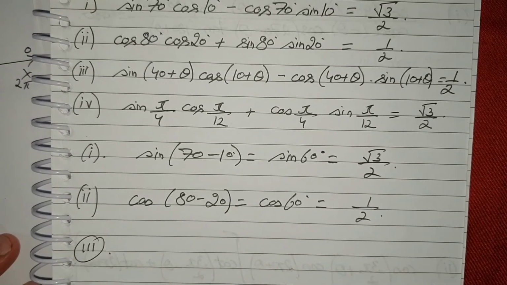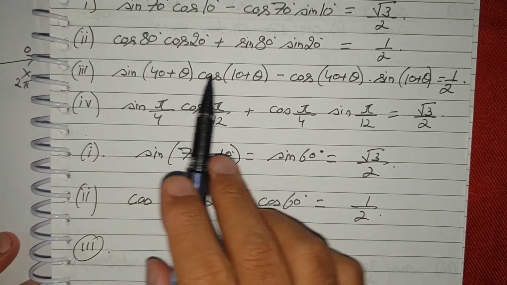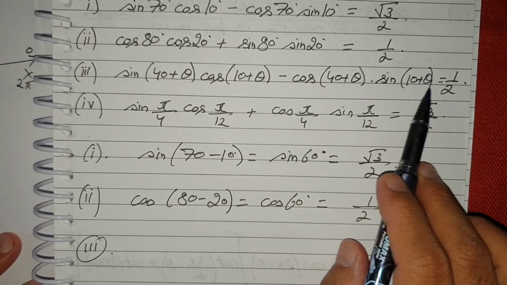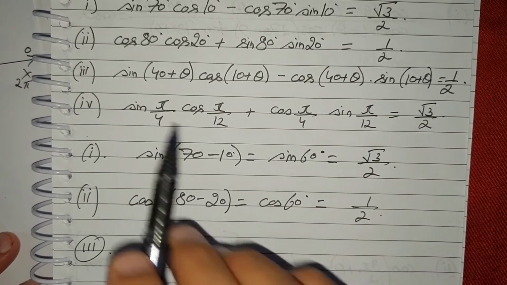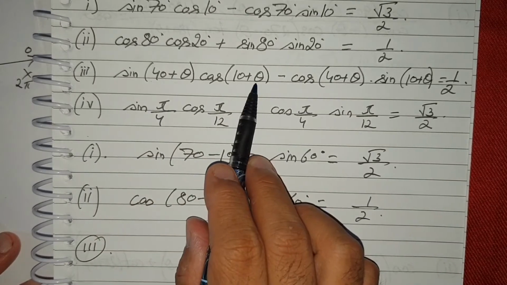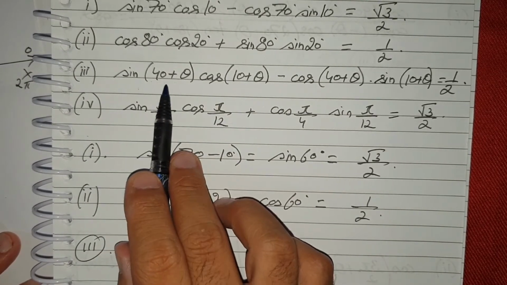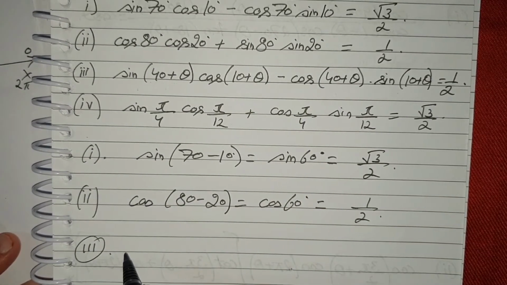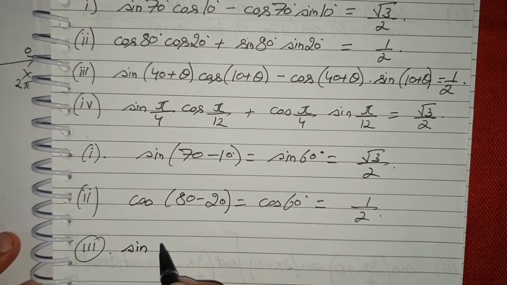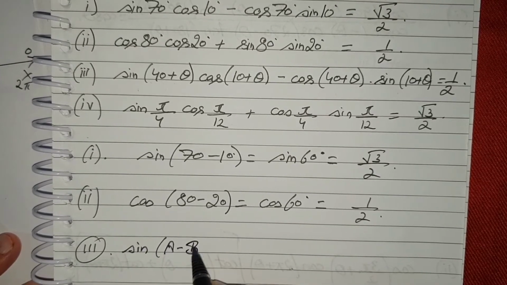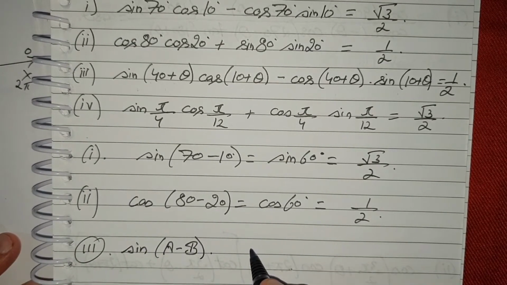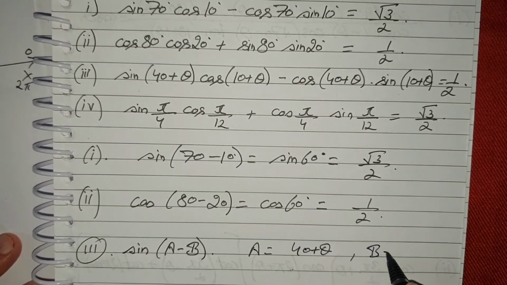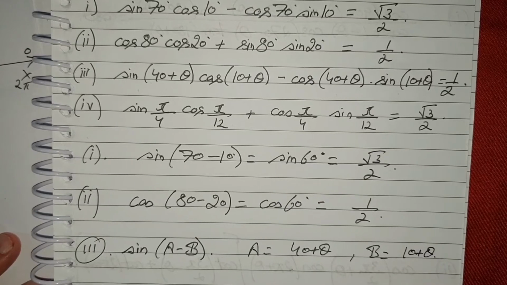Now look closely at the third one: sine 40 plus theta, cos 10 plus theta minus cos 40 plus theta, sine 10 plus theta is 1 by 2. If we take this as A, this as B, this is sine A cos B minus cos A sine B. So this is again the formula of sine A minus B. Here A is 40 plus theta and B is 10 plus theta.